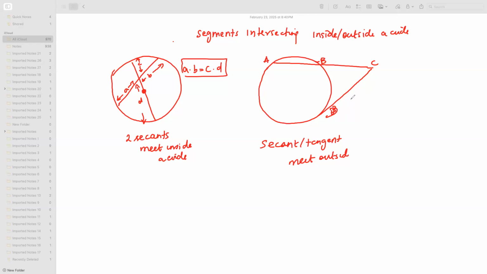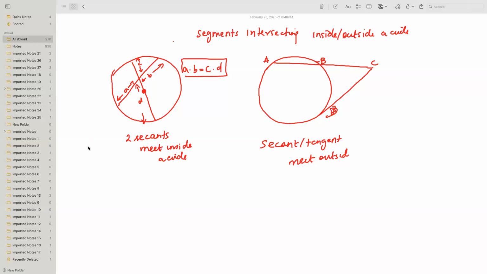Now CD is the tangent, AC is the secant, correct? So in this case, the tangent line segment squared will be equal to, let me show you.